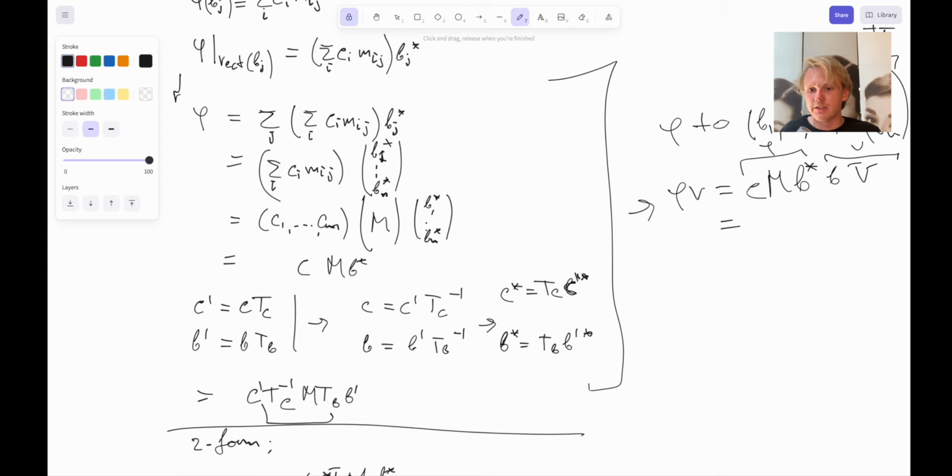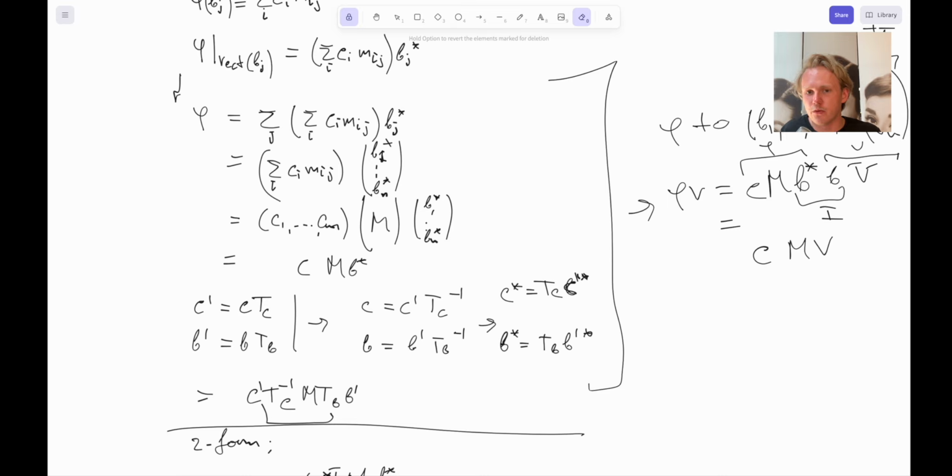You get identity here, and the only thing left is C times MV, and MV is the coordinates of V after you applied the operator, multiplied by C. That means they're in the basis C. And you don't really need to have similar things here. If you have a basis B prime, you get a different matrix, but if you do the computation, everything will still be fine.